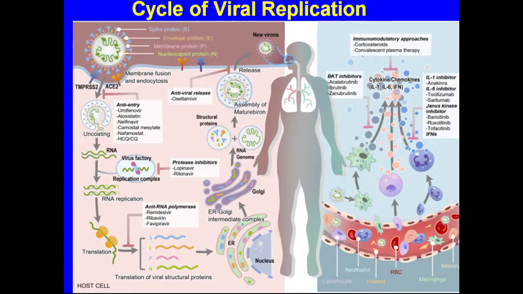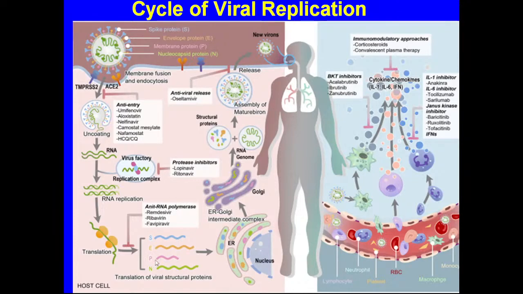To some extent, they have also been tried against coronavirus. I don't think it is very effective; it works for influenza virus, but not for coronavirus. But this is the stage that blocks the release of newly synthesized viruses outside the human cell.